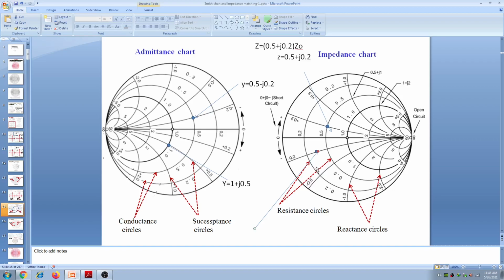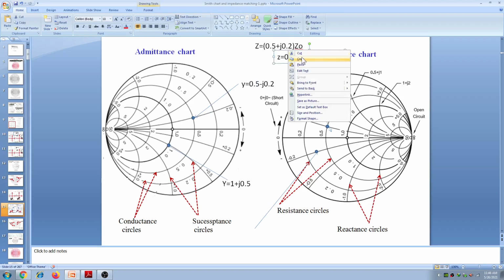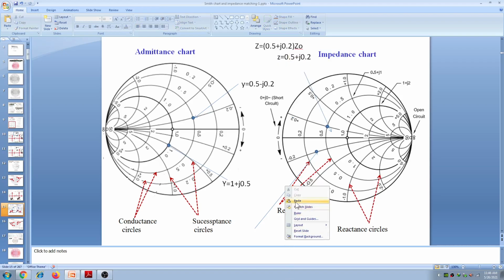The impedance at this point, you can read like this. What is the resistance value? If a circle is not given, do not think that a circle is not passing through this point. Actually one circle will pass.